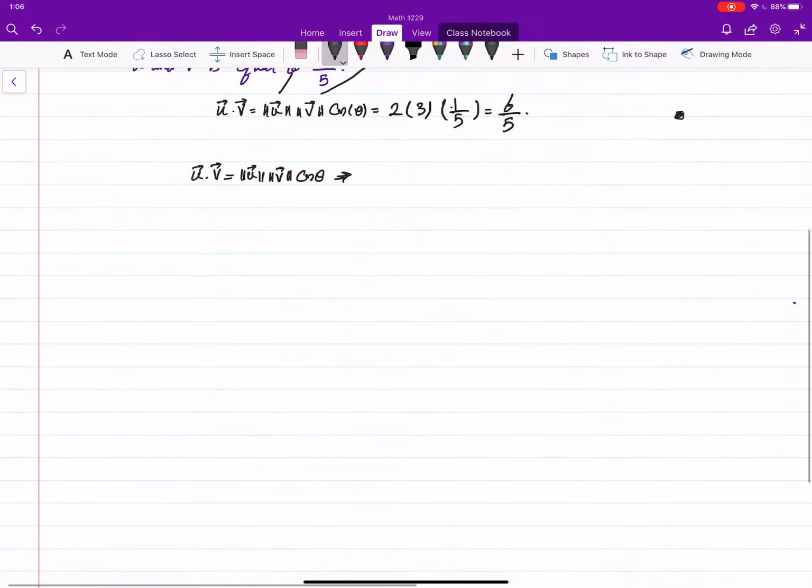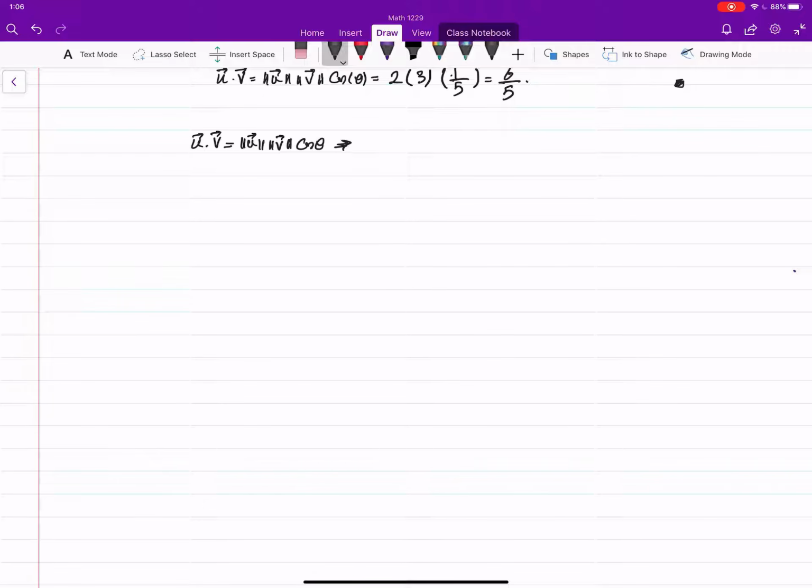I can divide these two to the other side and write cosine theta is equal to u dot v over length of u times length of v. And that is the formula we will use, and we call it the cosine formula.